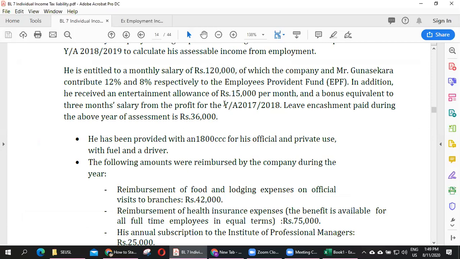But this bonus comes from the year of assessment 2017-18. My question is whether we have to include this 360,000 for this year, which is the year of assessment 18-19. The bonus comes from the previous year's profit.